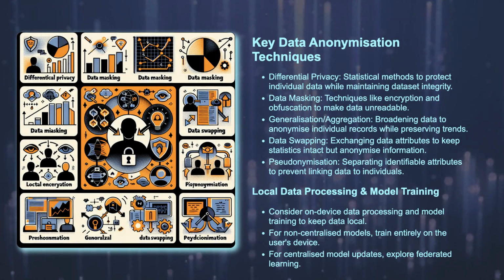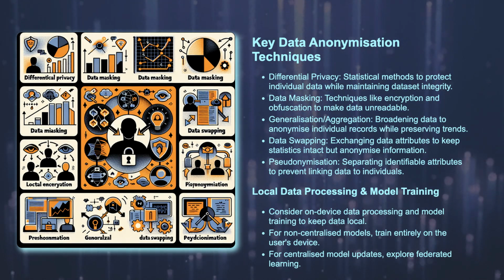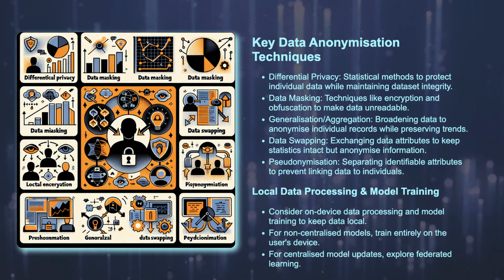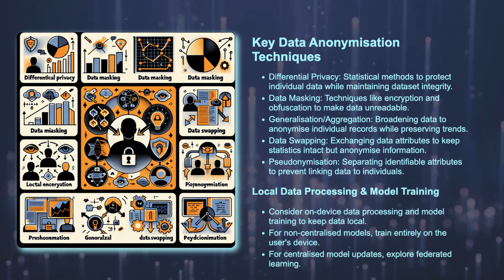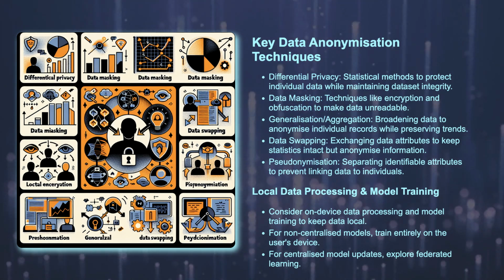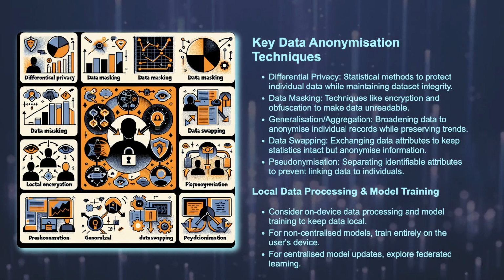Guidance. Data anonymization techniques include differential privacy, using statistical techniques to ensure privacy without affecting the dataset's overall statistical integrity. Data masking, a range of techniques that represent a point in a different, usually unreadable to a human, way, e.g. encryption, hashing, or data obfuscation.